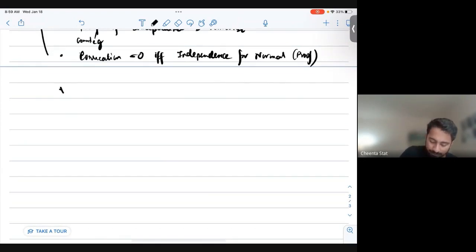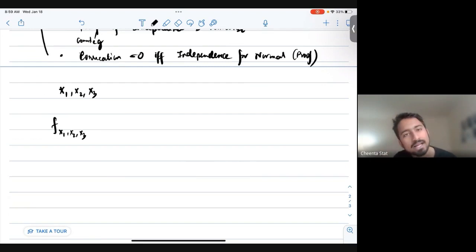If X1, X2, X3 are independent, that means independence implies pairwise independence.